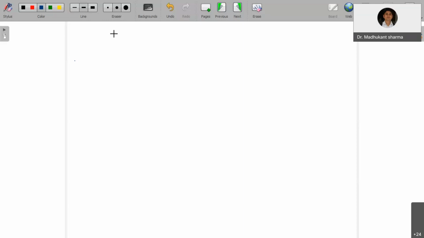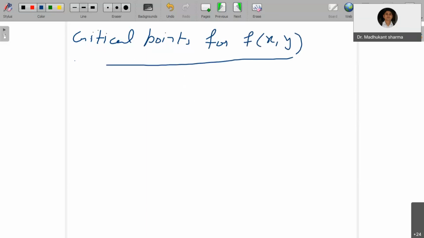What we were doing in the last session was trying to identify the critical points for functions of two variables f of x comma y. We verified that the interior extremum theorem tells you that critical points will be those points where fx and fy simultaneously vanish, whenever they exist.